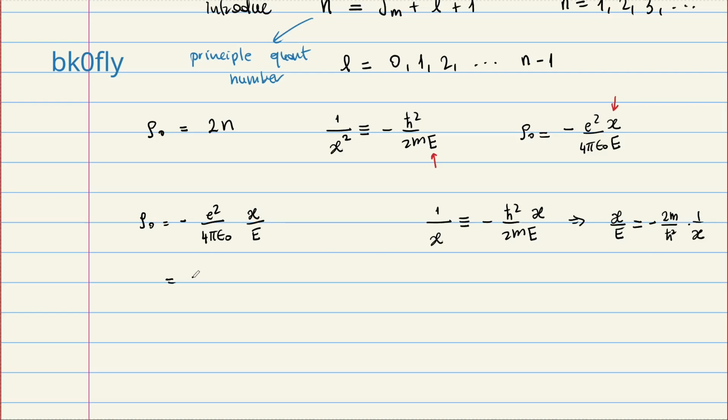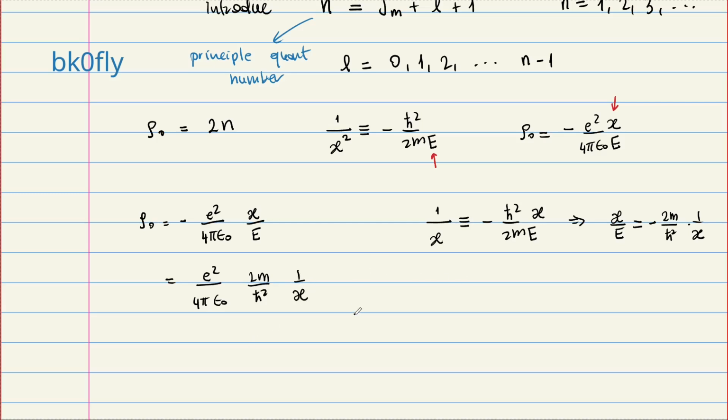So then I can write this here. This minus and this minus are going to cancel. So this is e squared over 4 pi epsilon naught, 2m over h bar squared, 1 over kappa.